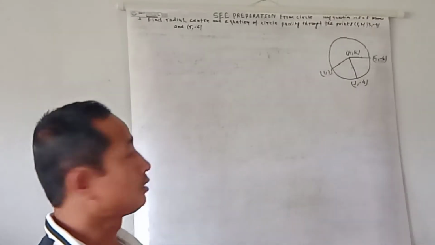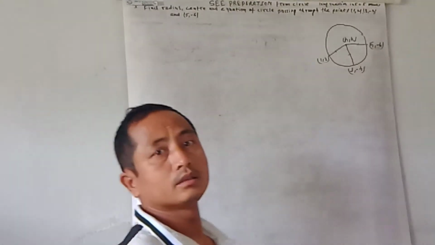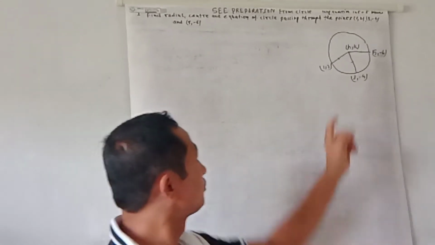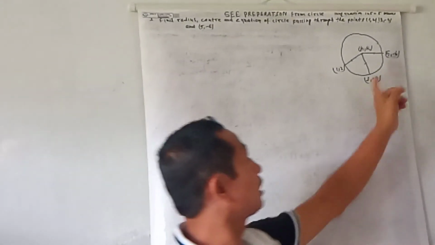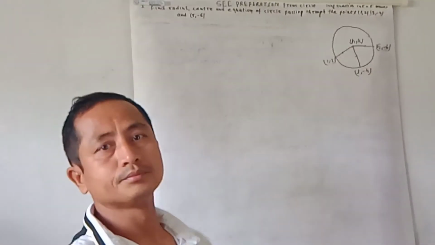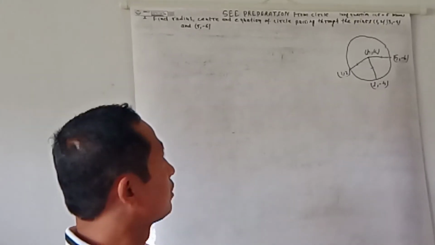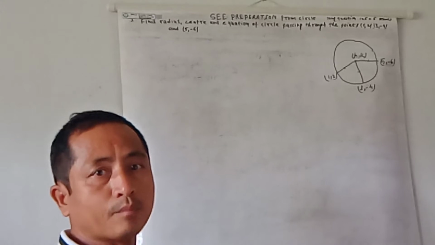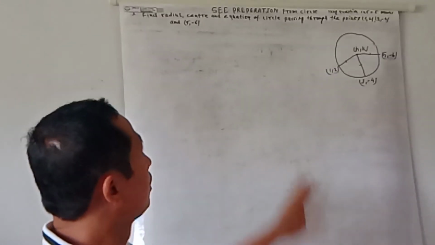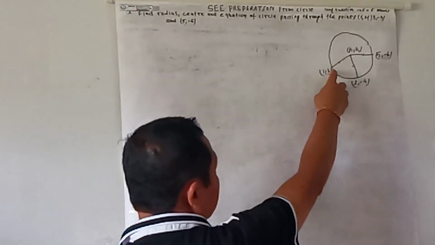See here, this is the circle, (h, k) is the center of the circle, and (1, 2), (3, -4) and (5, -6) are the points through which the circle passes. In this condition, you have to find the center (h, k), the radius and the equation of the circle.